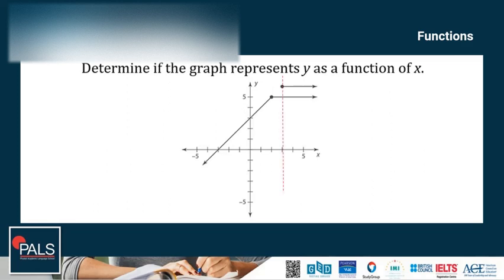However, in this graph, when x is 3 and more than 3, there are two values of y. So therefore, y is not a function of x in this graph.